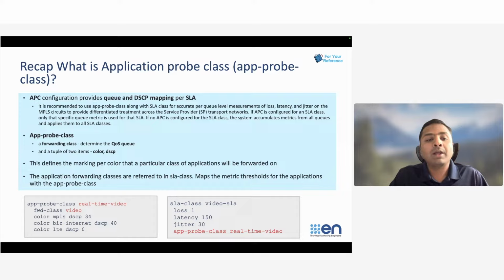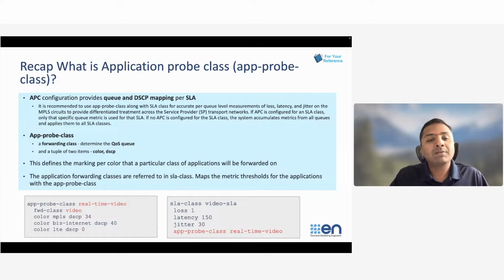As defined here, you have an app probe class at the bottom left, real-time video. It's mapped to a forwarding class, which is a QoS group called video. And then it is using DSCP 34 for color MPLS transport. And DSCP 40 for business internet, and for public transports like LTE, we use DSCP 0.